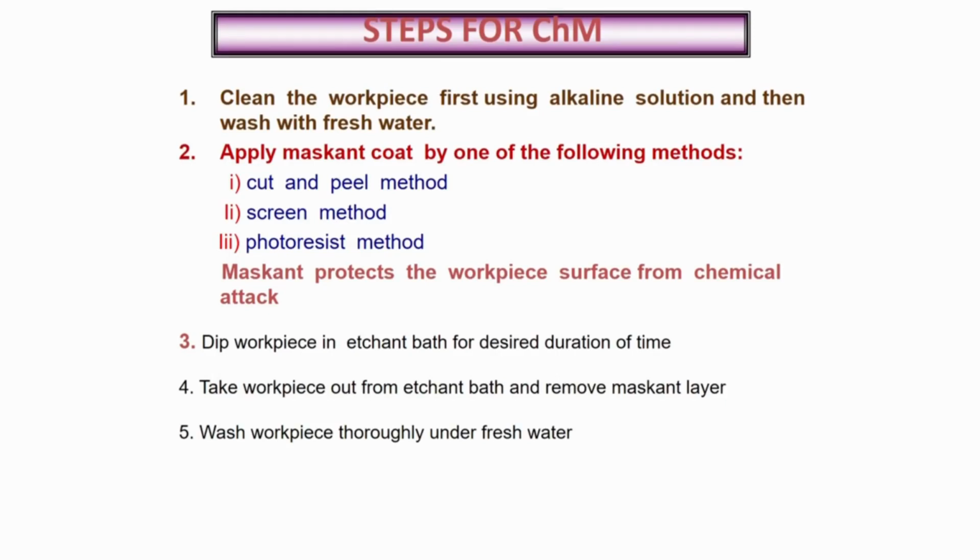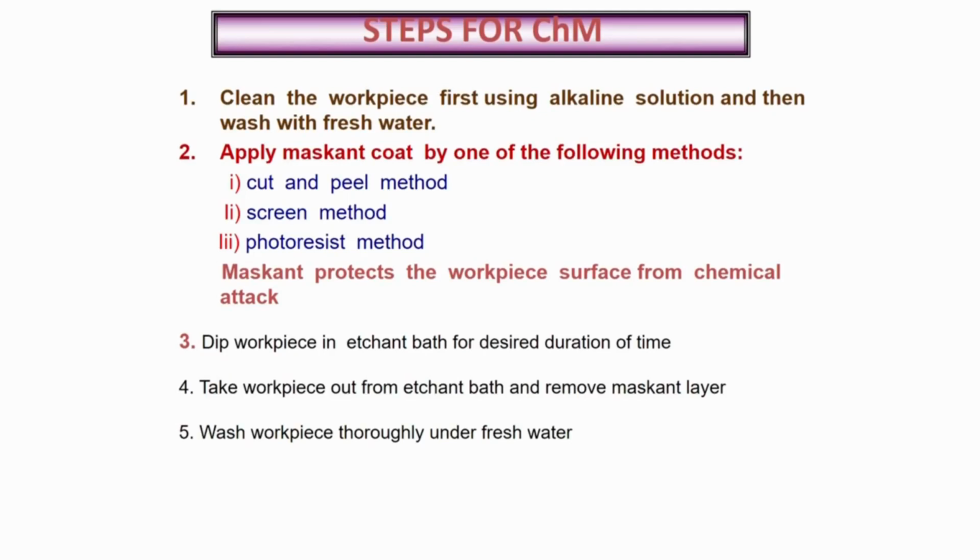This maskant protects the workpiece surface from chemical attack. After depositing the maskant on the workpiece surface, the workpiece is dipped inside a chemical or etchant bath for the desired duration of time to get the exact machining depth.